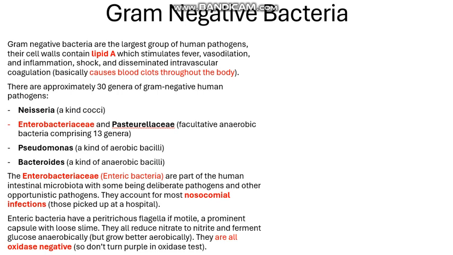So they're basically aerobes that are able to also ferment to produce energy that way. They are all oxidase negative, so they don't turn purple in an oxidase test.